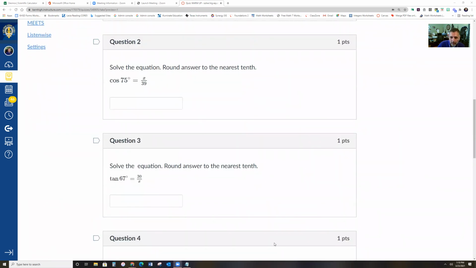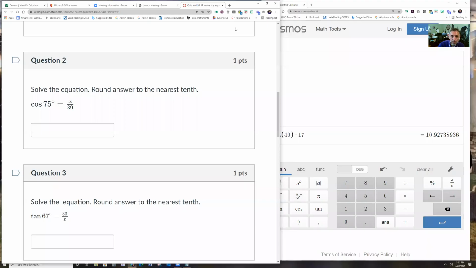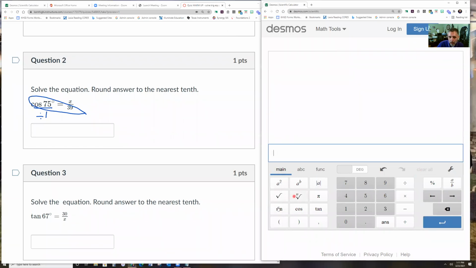And then for these, actually, you know what? Let me pause this for a minute. So for these next ones, remember to solve this, we need to put a 1 under here, and then we cross multiply in the direction where we get 2 numbers and divide by that third number. So if I type this in the calculator, remember grab cosine from down here, cosine of 75 degrees, close the parentheses, times 39.